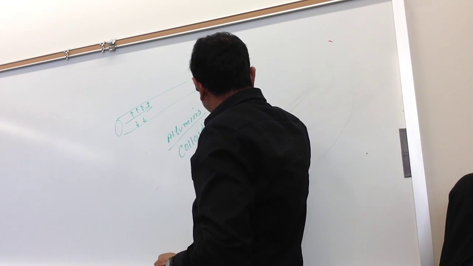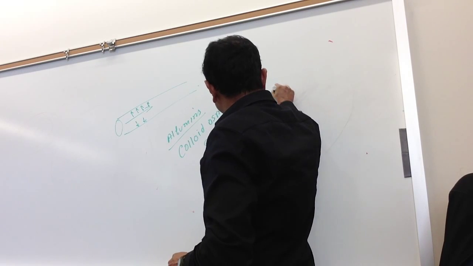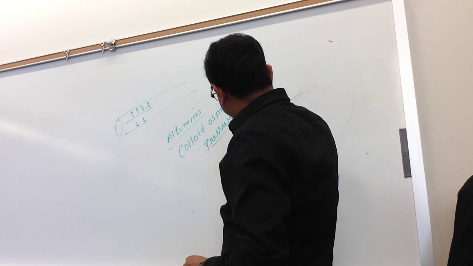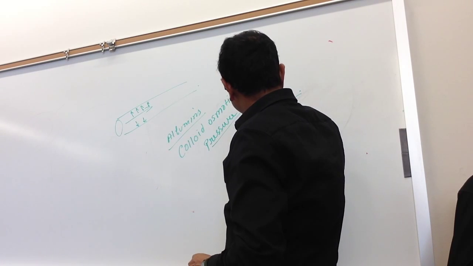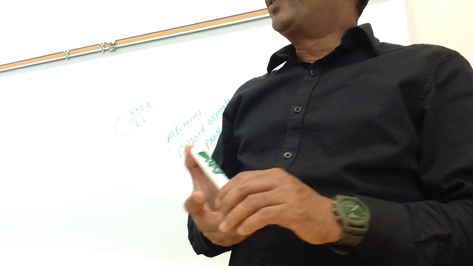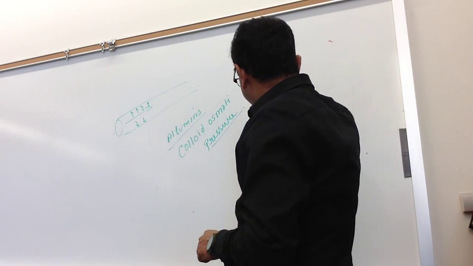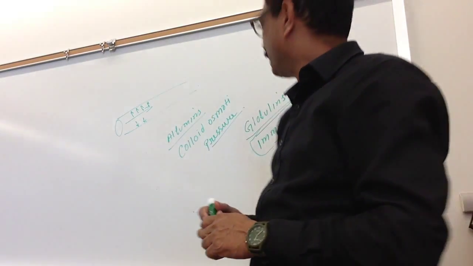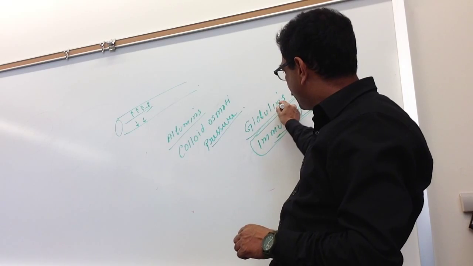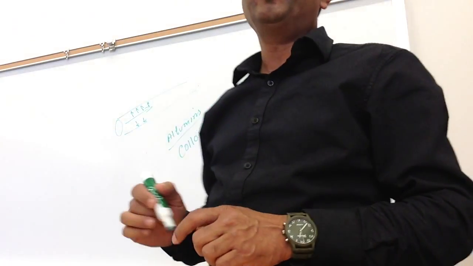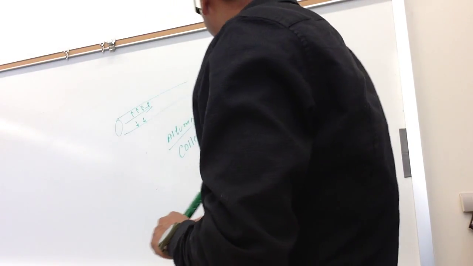Globulins are responsible for immunity. The globulins which are mainly responsible for immunity are called immunoglobulins. Okay, so immunoglobulins are the globulins that help in the immunity or defensive functions.